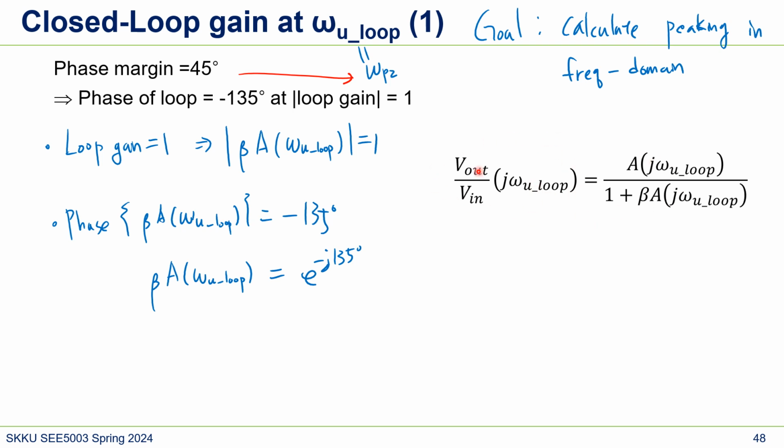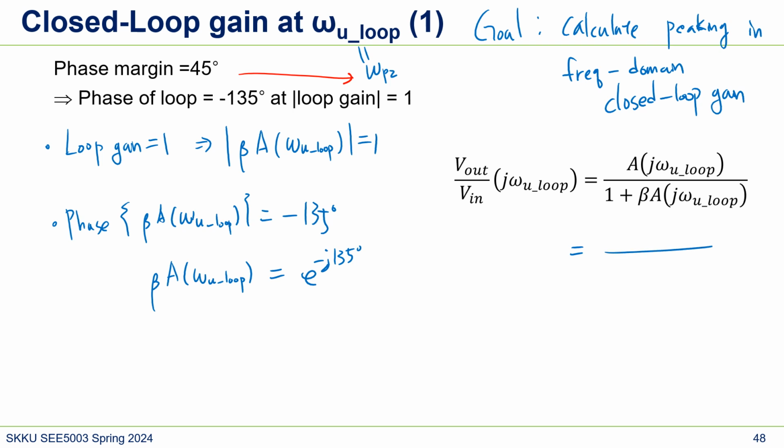So this is a gain, right? This is a closed loop gain. As I said, the goal is to calculate peaking in the frequency domain, so we use the frequency domain closed loop gain. Closed loop gain means from V in to V out in the feedback system. Let's do a calculation here.